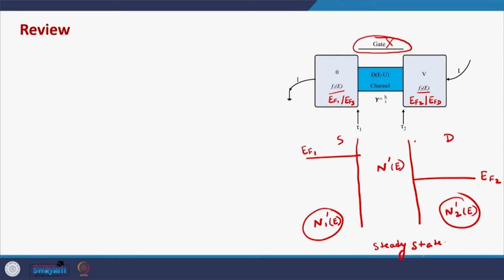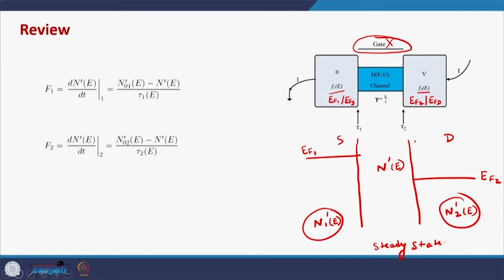With these quantities, we could write the rate equations essentially. So, the rate at which electrons are hopping from source into the channel will be given by n1 prime E minus n prime E divided by tau 1 E.